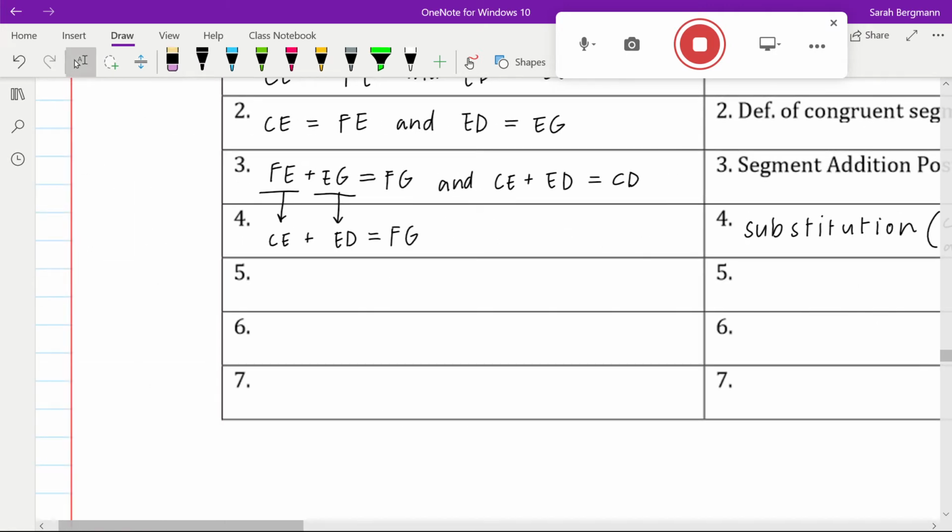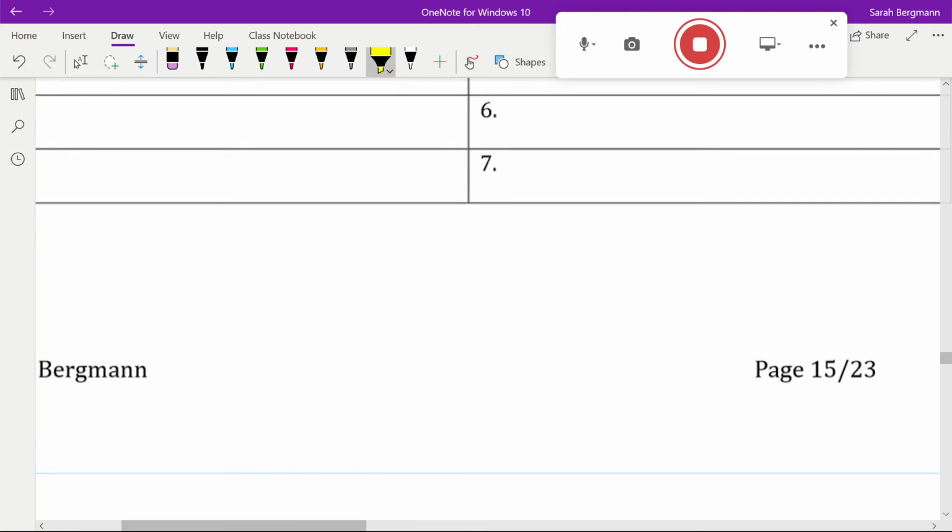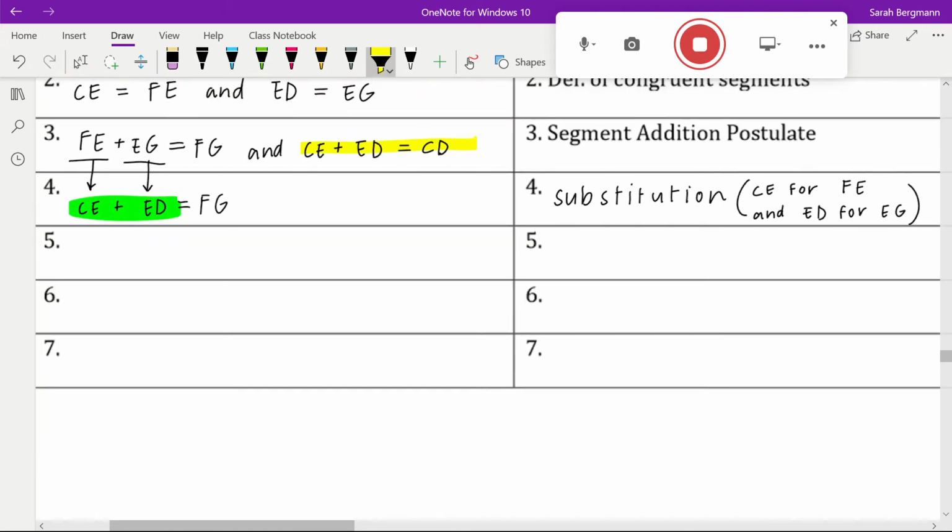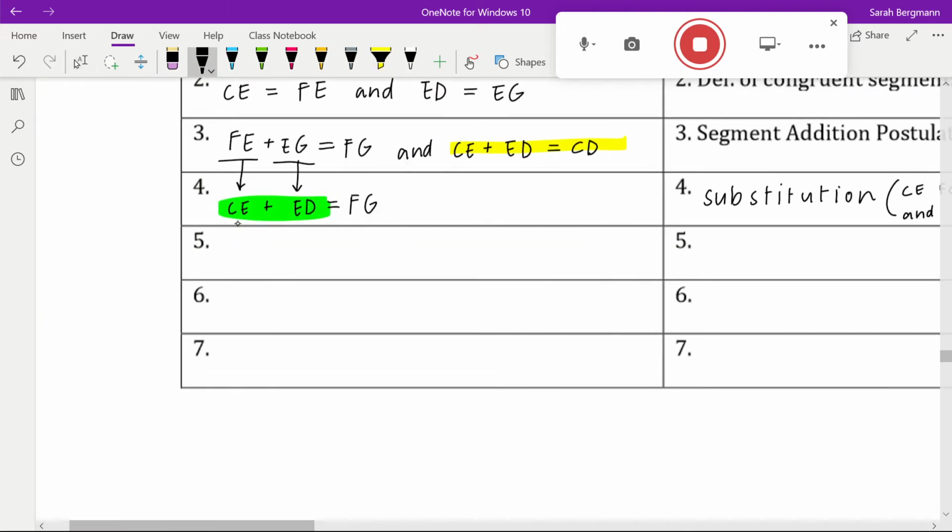All right, the reason why we did this is because now the left sides of our equation look the same, while on the right sides we have FG and CD, which is what we're trying to get equal to each other. I know that CE plus ED must be equal to CD, so I can go ahead and replace that in this equation.